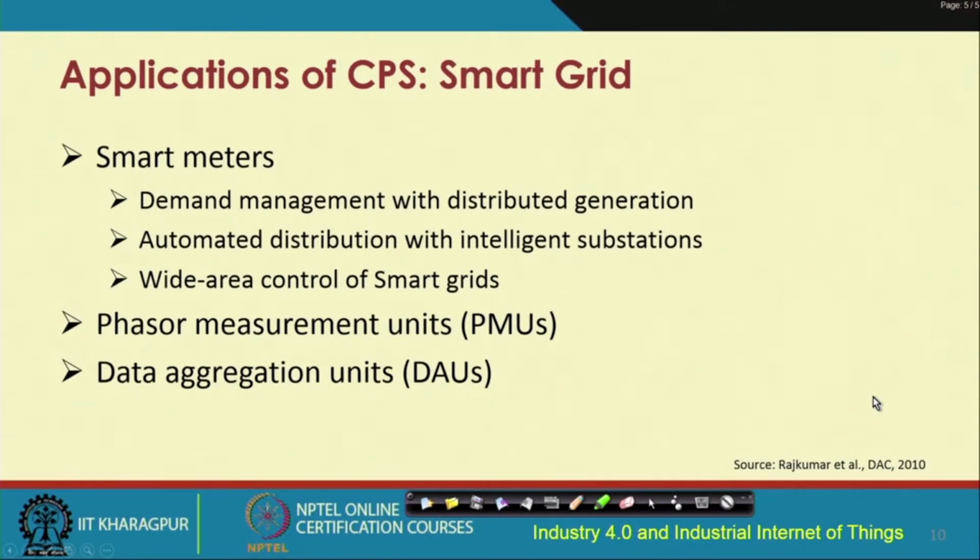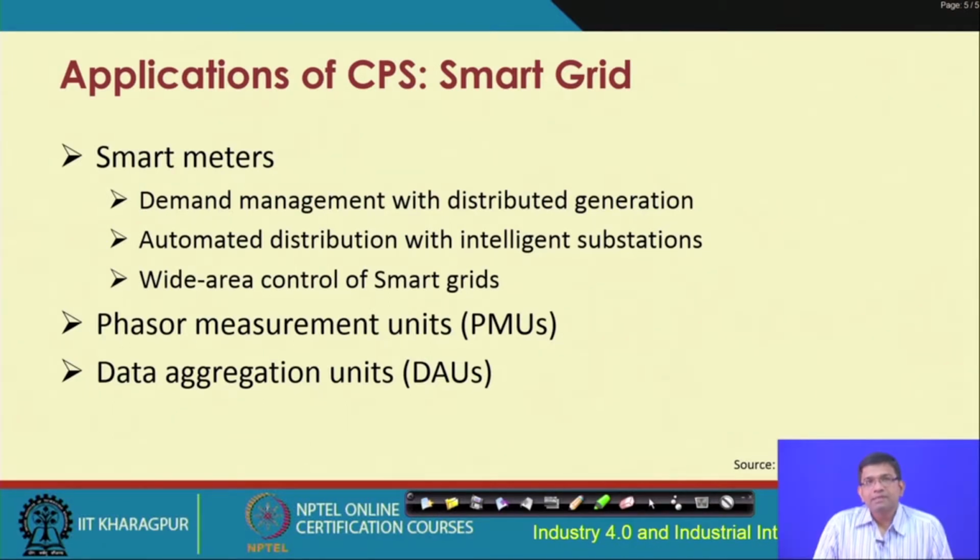Likewise, another application domain is the energy sector, in the smart grid. Smart meters are examples of cyber physical systems. Smart meters can do demand side management with distributed generation, automated distribution with intelligent substations, and wide area control of smart grids. So all of these things can be performed with the help of smart meters, which are good examples of cyber physical systems in the energy sector.